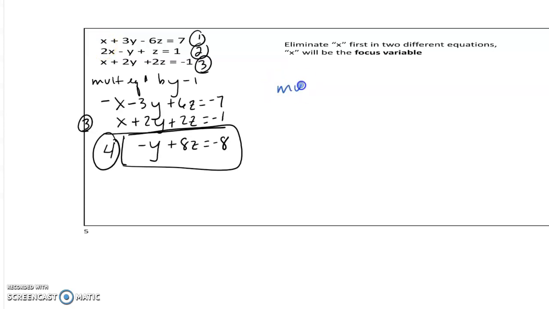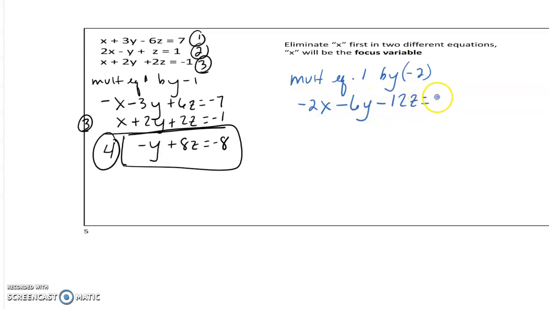So that makes it negative 2x minus 6y minus 12z equals negative 14.